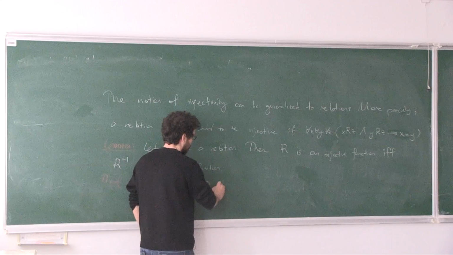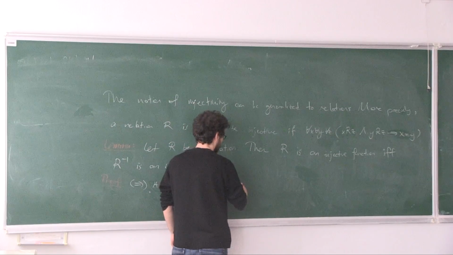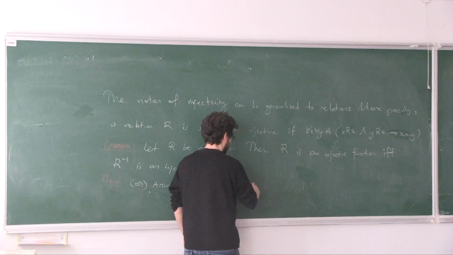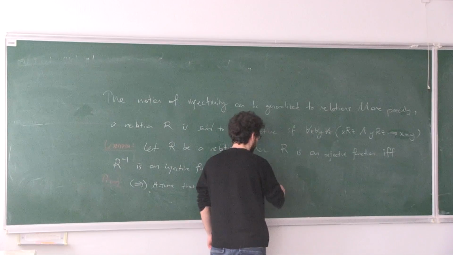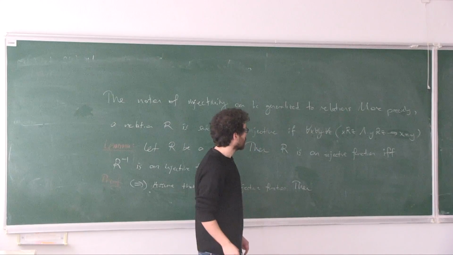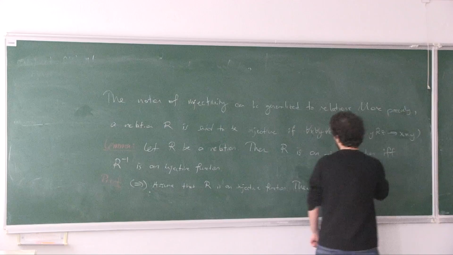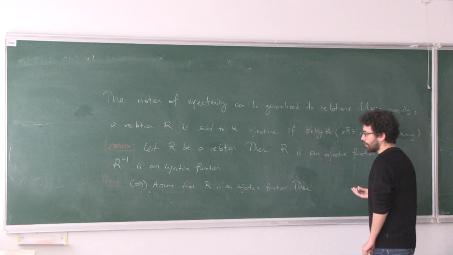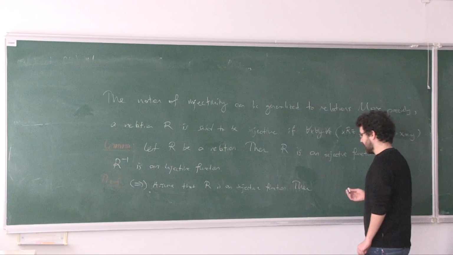Assume that R is an injective function. Then, now, what does it mean for a relation to be a function?